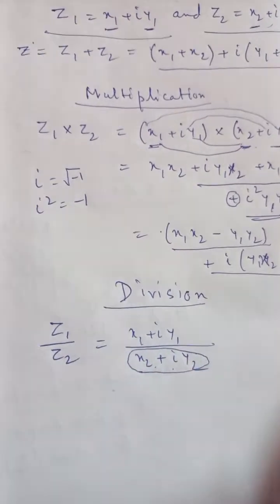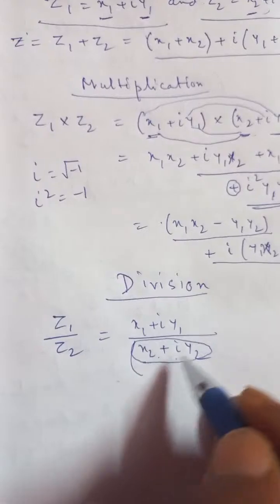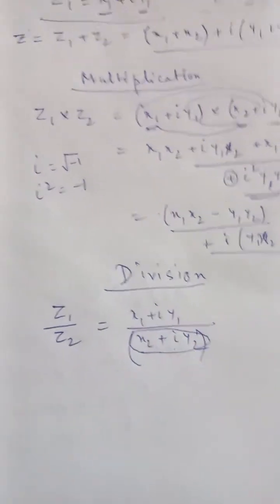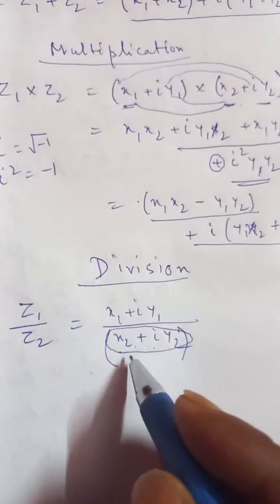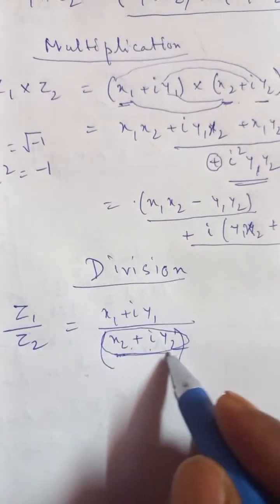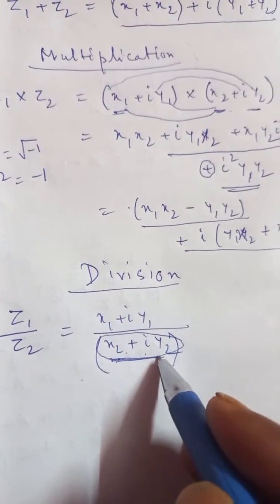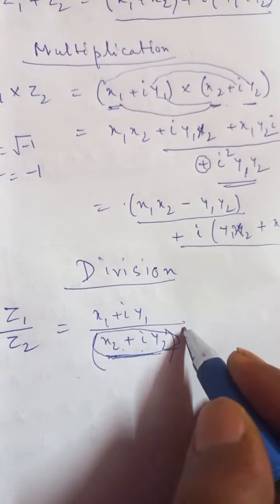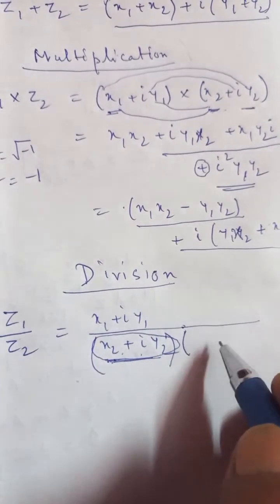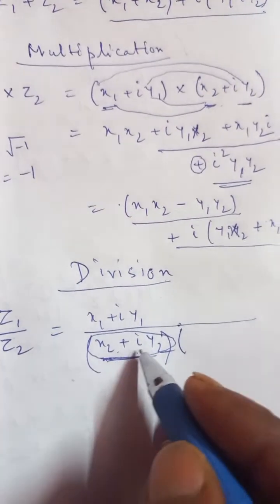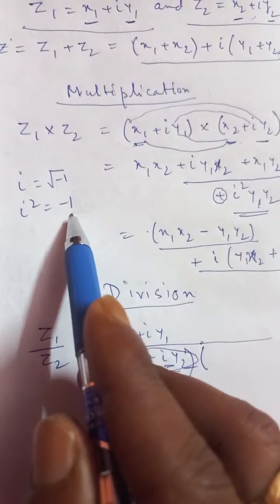So x2 plus iota y2, if we take a factor, can be made a real number. We know that (a plus b)(a minus b) is equal to a square minus b square, and since b square here involves iota square, we know it is a real number.